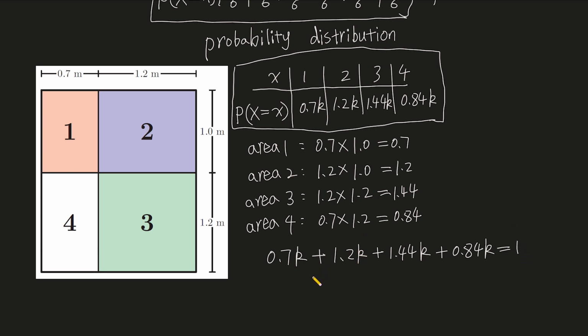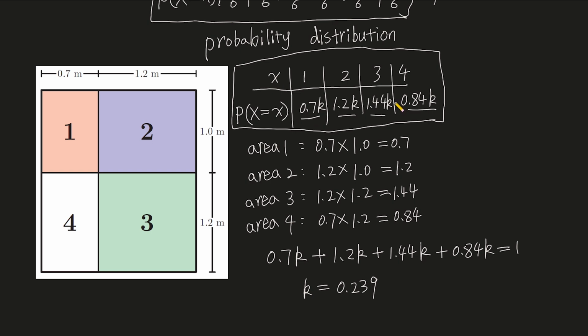Using this equation, we can get the value of k. So the value of k is 0.239.